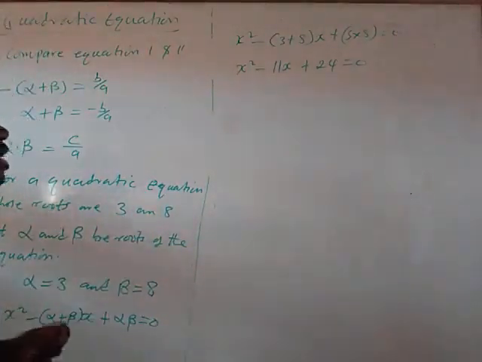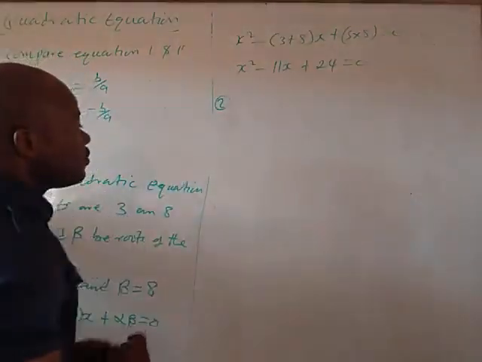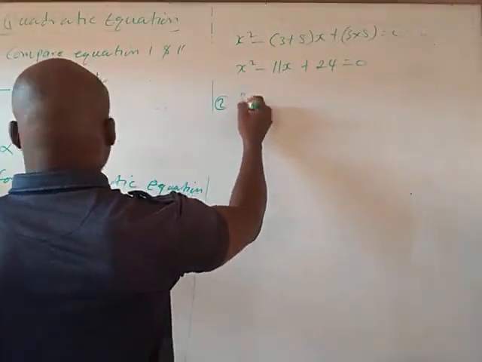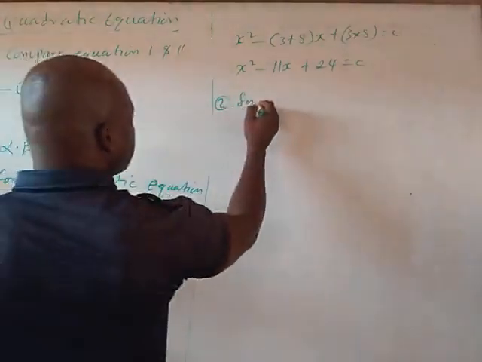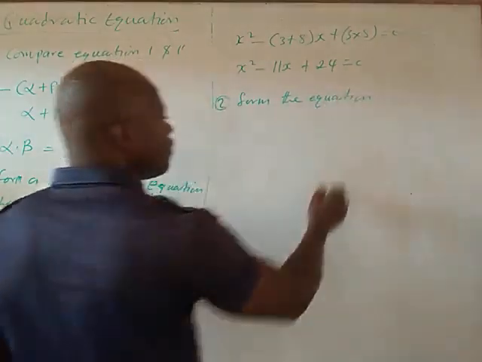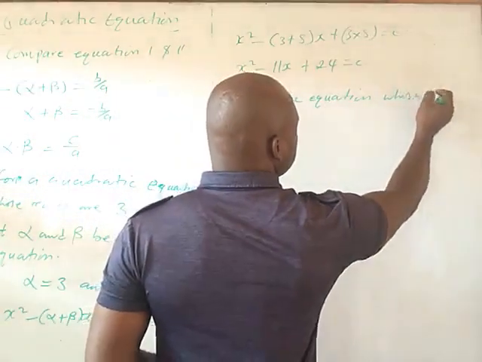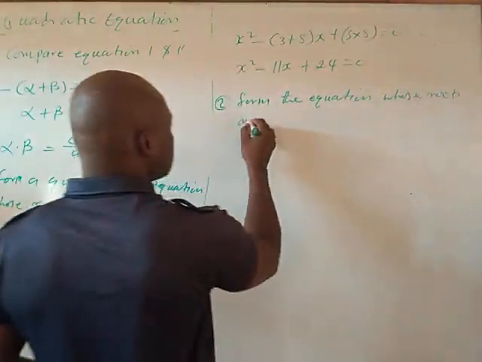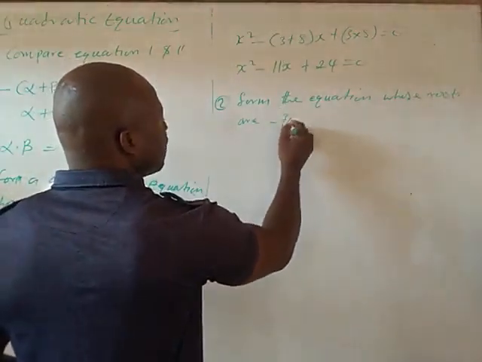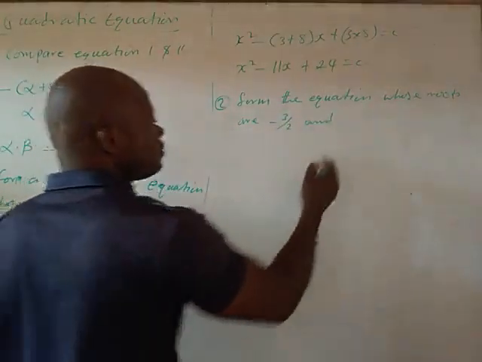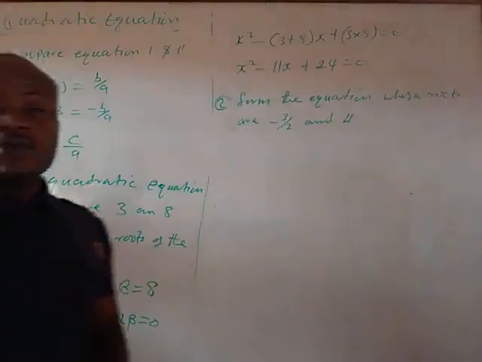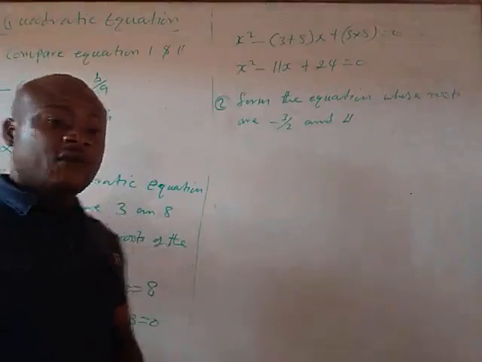Now let us quickly look at another one. Second example: form the equation whose roots are minus 3 over 2 and 4.